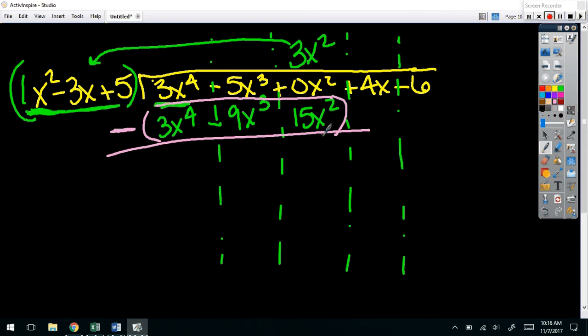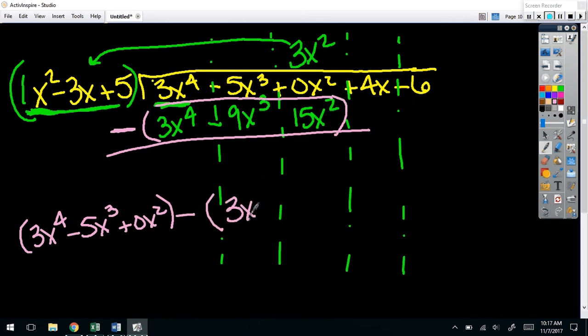Whenever we had polynomials set up, it would look like this: 3x to the 4th minus 5x to the 3rd plus 0x squared, minus 3x to the 4th minus 9x cubed plus 15x squared.